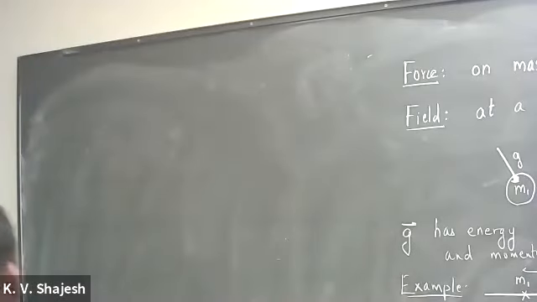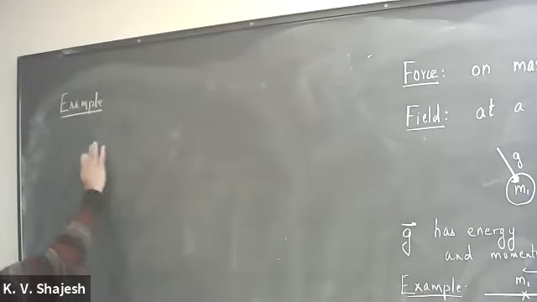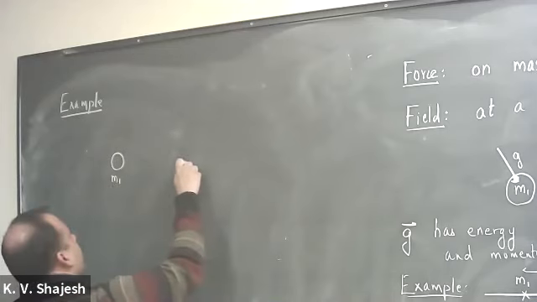So the example we talked about earlier is a one-dimensional example. So now let's do an example which has directions coming in a slightly more complicated way. So let's say that is a mass m again. Let's say it is m1, and that is m2.